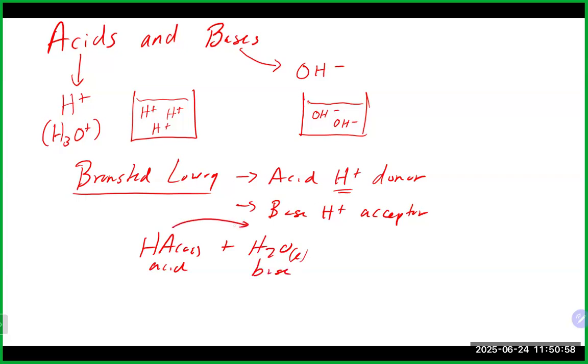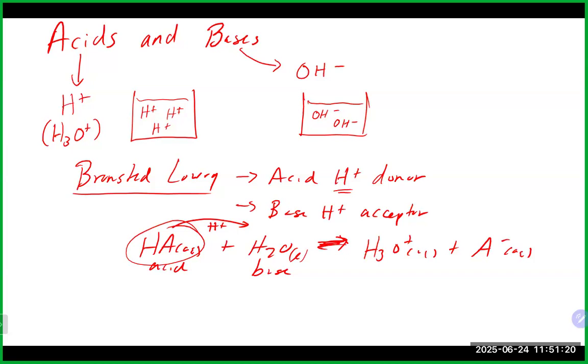Here, we're going to send the H plus over. Remember that it is not just the H, but the plus that comes over as well. And we could have something like H3O plus and A minus in this case.